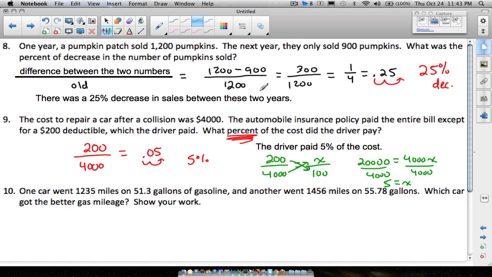Now here's the slight difference in the problem. We get 5, and we said the answer was 5%. Here we don't have to move our decimal, because since we're already talking about it being out of 100, this number will represent our percent. 5 out of 100 is 5%.